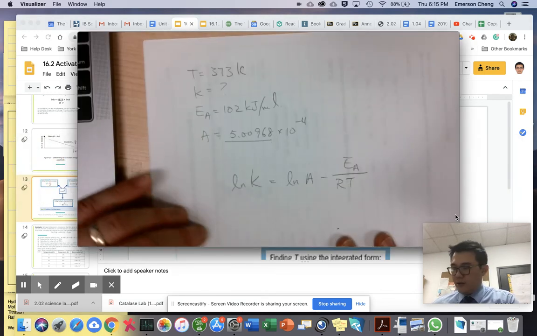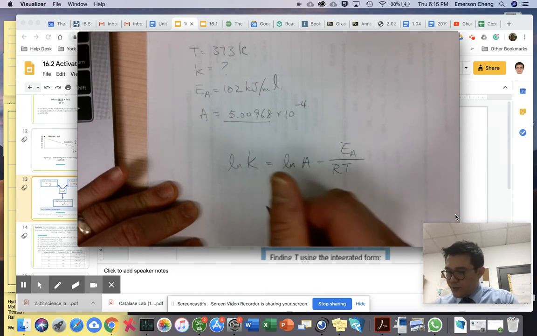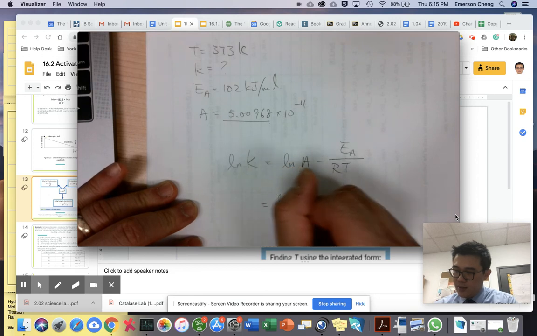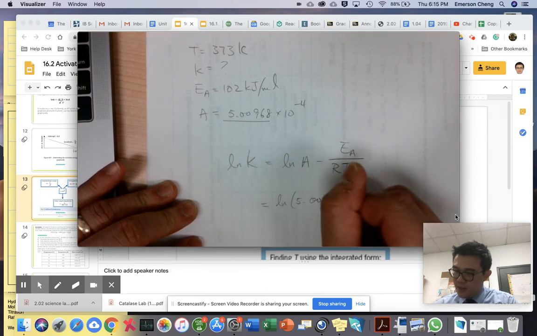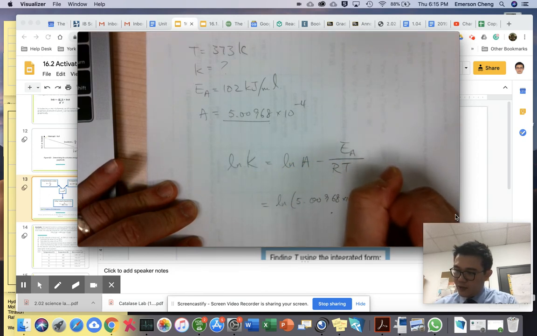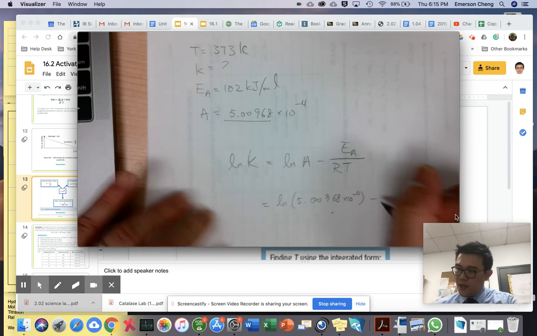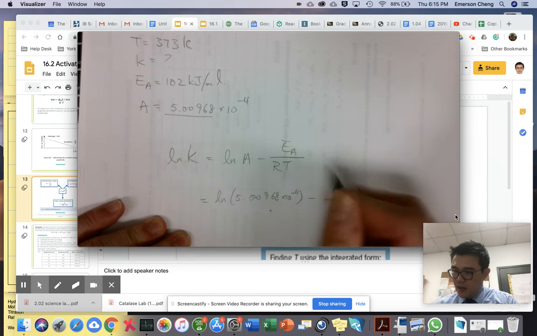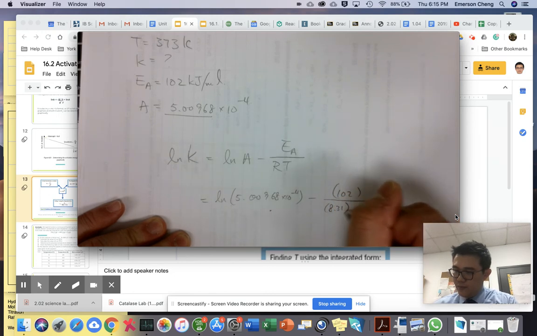So come back here, ln k. Again, we just plug in numbers. ln A, 968 times 10 to the power minus 4, minus activation energy, which is 102. R is 8.31 and T is 373.